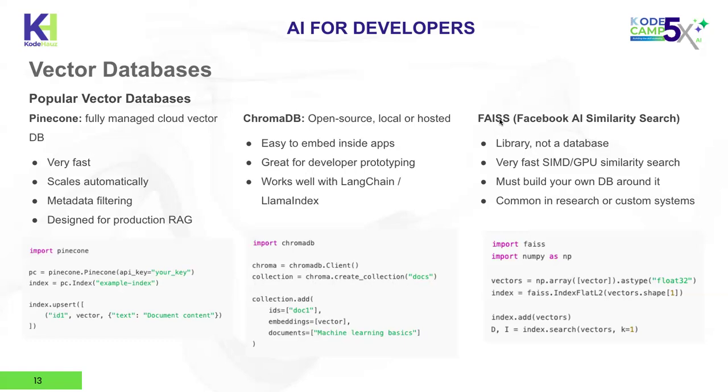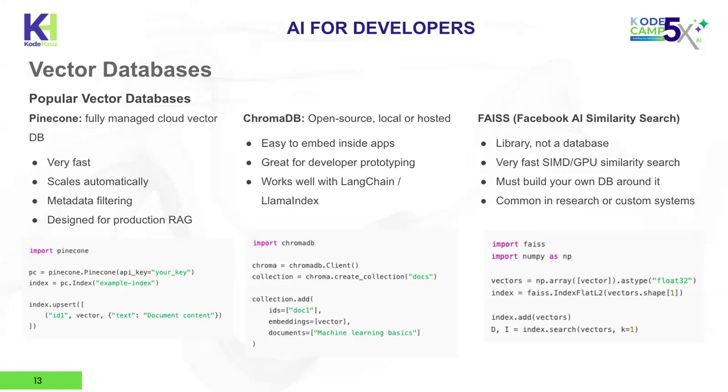Then we have FAISS. FAISS is Facebook AI Similarity Search. So it's not really a database per se, but it's a library which you can use. But you have to configure it, and you have to build your own database around it. It's mostly just for similarity search, and it's very fast, right?